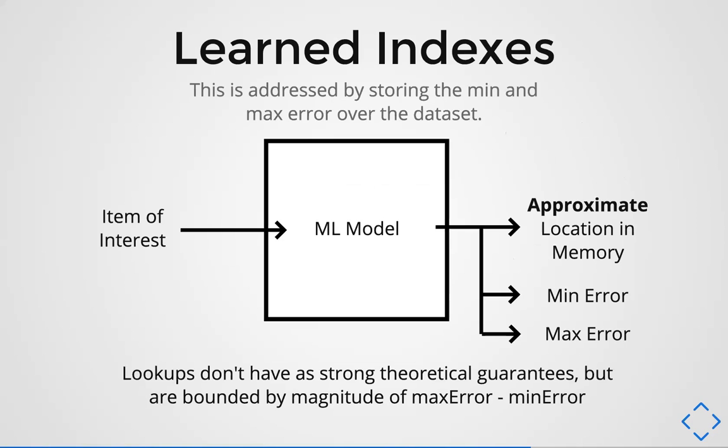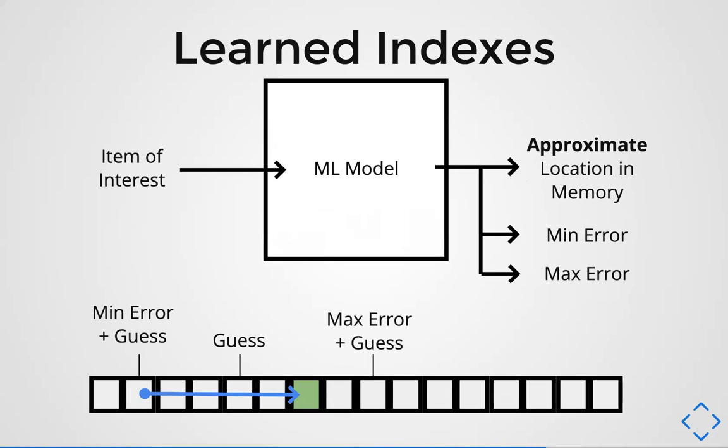And then every time we have our machine learning model make a prediction, every time we have it try to tell us where in memory this item of interest is going to be, we just do a table scan or a binary search in between the bounds produced by our guess and the minimum error and our guess and the maximum error. Okay, so that's how they solve the approximation problem.